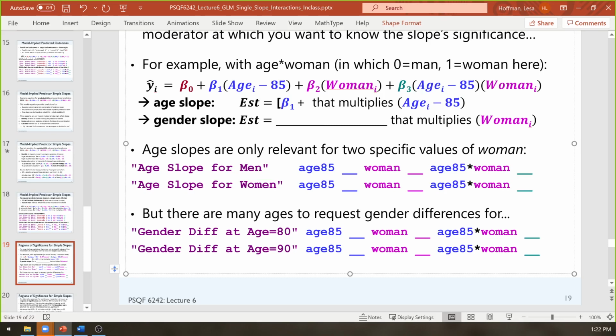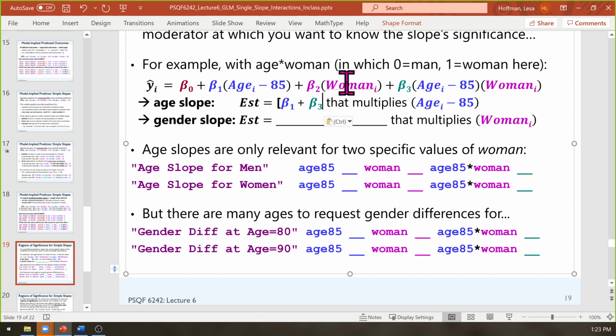And I need a beta 3 because that has age involved. Is that it, or am I missing something? That looks right to me.